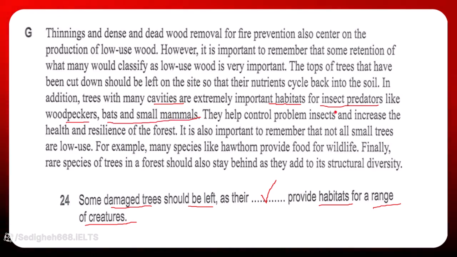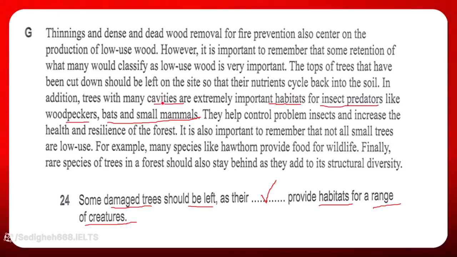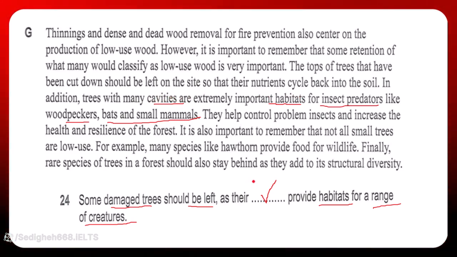Here we can see from the names of different things that it is about a range of creatures, and then it should be left as they provide habitats. What provides habitats here? Trees with many cavities are extremely important habitats for insects. So the right answer is cavities, and we write that right answer here.